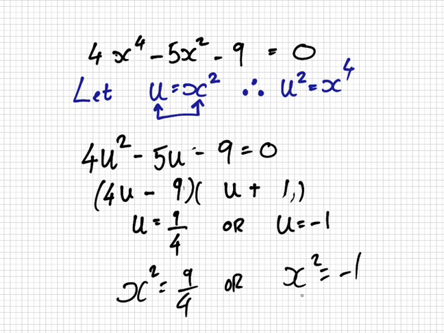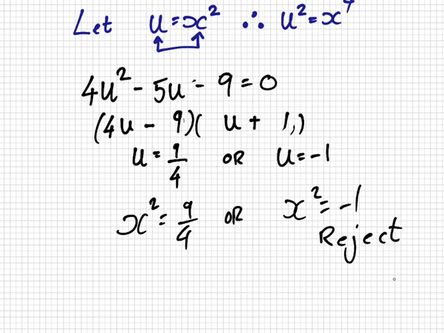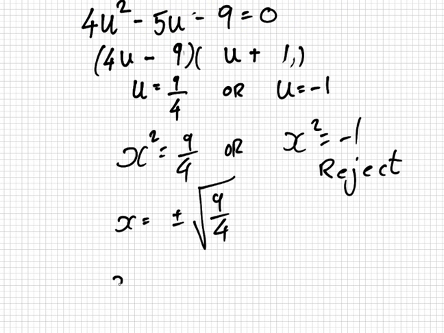But this one doesn't make sense because x squared can't be minus 1, so we have to reject it. We stick with this one: x equals plus or minus the square root of 9 over 4, so x equals plus or minus 3 over 2.